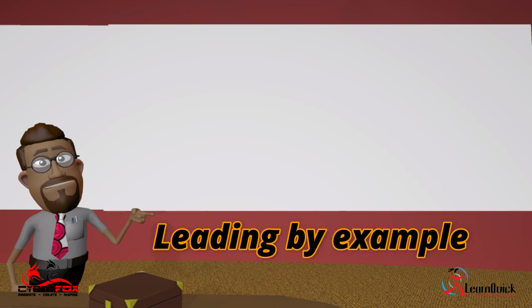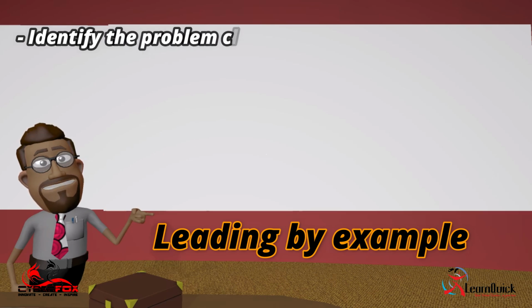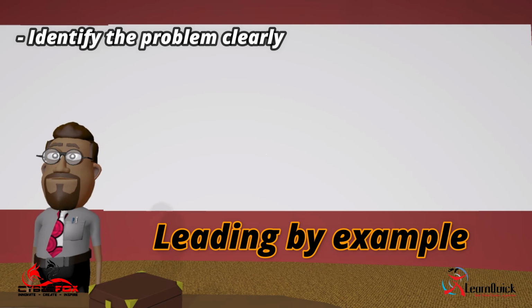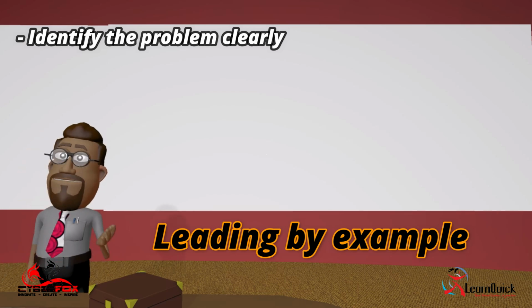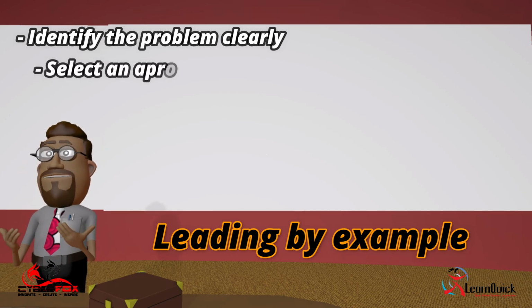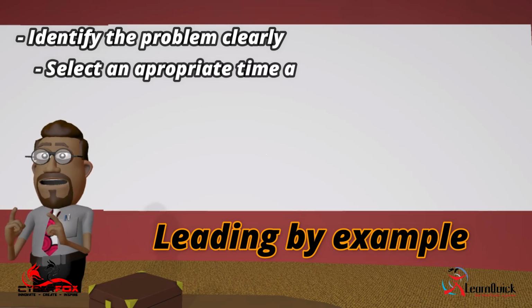The first step is to identify the problem clearly and specifically. This step requires you to take time to identify the problem clearly and then organize the issues that need to be addressed. The second step is to select a time and place where you will not be interrupted and where the environment is appropriate to the type of message you are delivering.